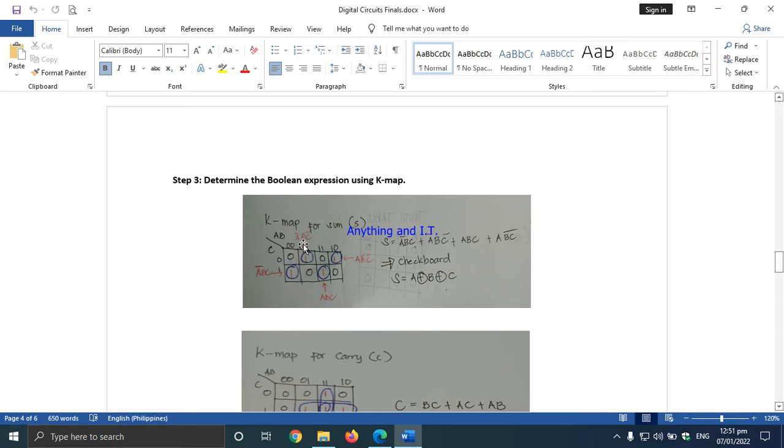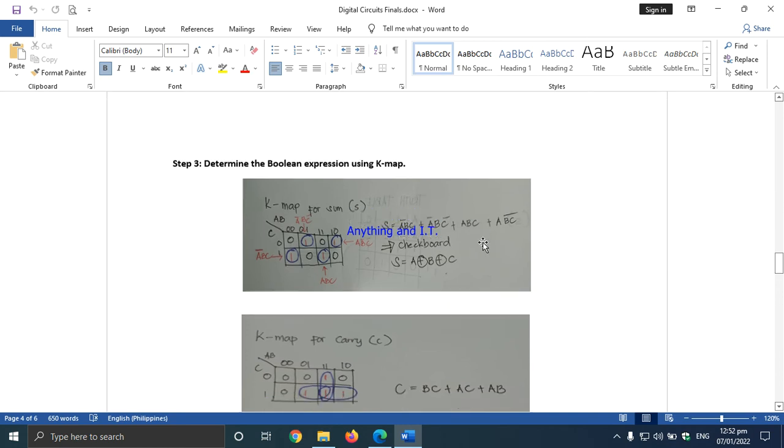So, if we're going to generate the Boolean expression, that will be our sum is equivalent to AB bar C plus A bar B C bar plus ABC plus A BC bar. When I say bar, it's the same with complement. Okay? So, ang tawag dito sa pattern na to is your checkboard algorithm.